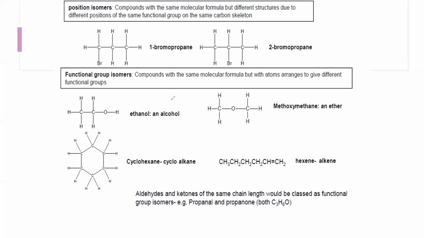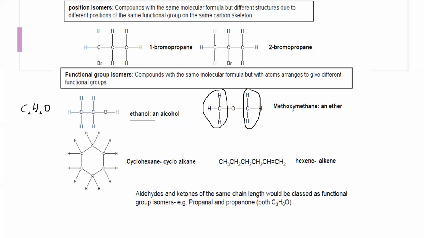For example, when we write ethanol, how many carbons? Two carbon atoms, six hydrogens, and one oxygen. Another compound is called ether, this is methoxymethane. About ethers, you're not studying anything, but this is another organic compound, a functional group where oxygen is linking the carbon chain, that's called ether.